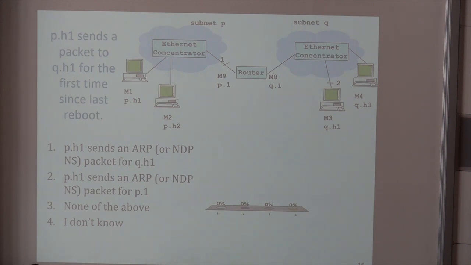What is going to happen? So NDP NS is the IPv6 way of calling ARP, Neighbor Discovery Protocol, neighbor solicitation, which means an ARP request.